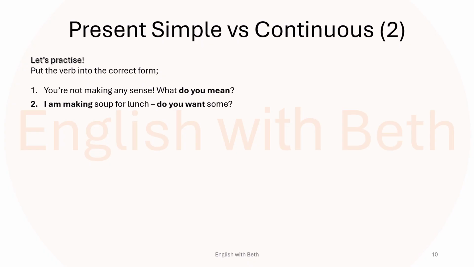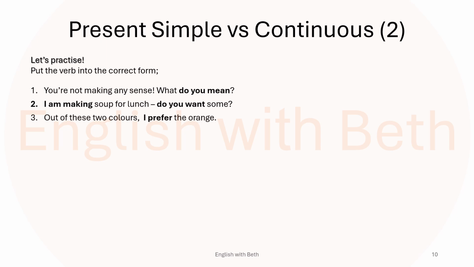Number 2. I am making soup for lunch. Do you want some? I am making, present continuous. It's happening now. Do you want? Present simple because want is one of those verbs which is usually used in present simple.